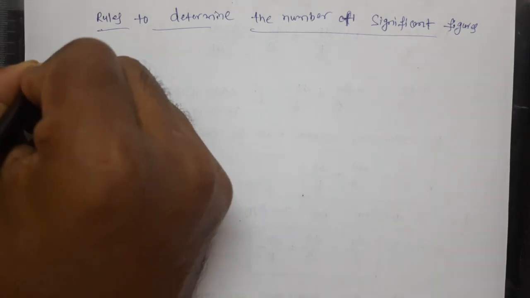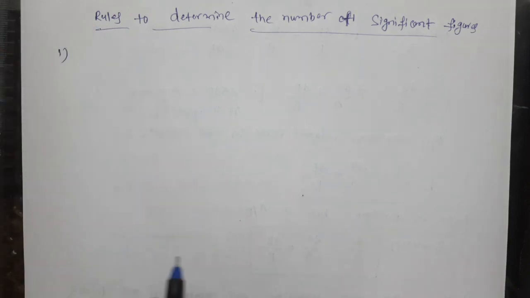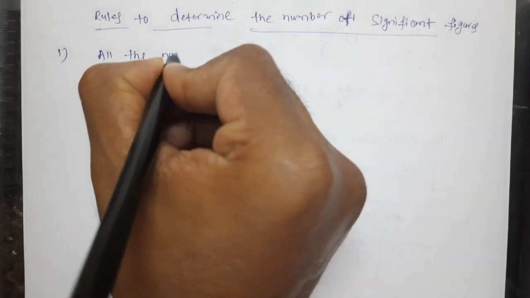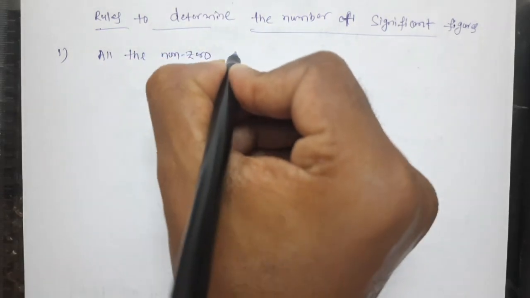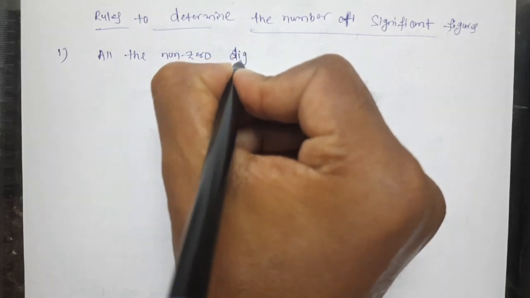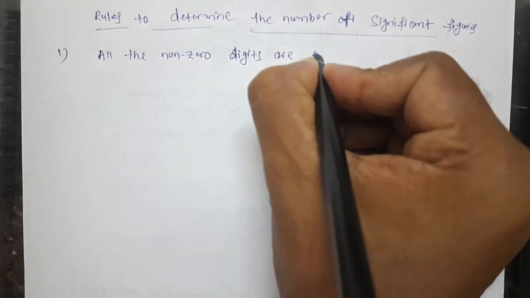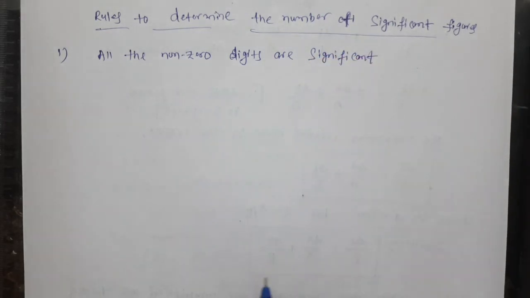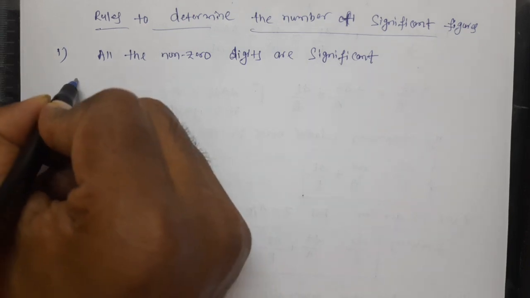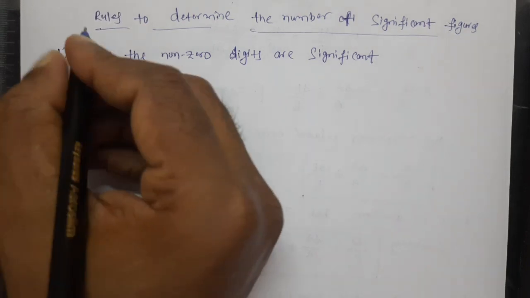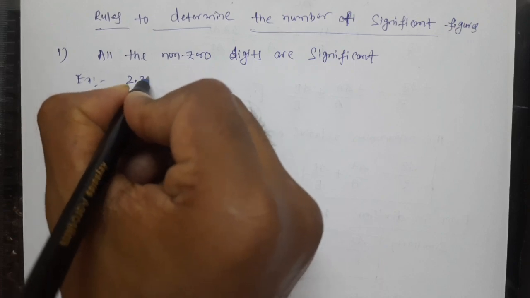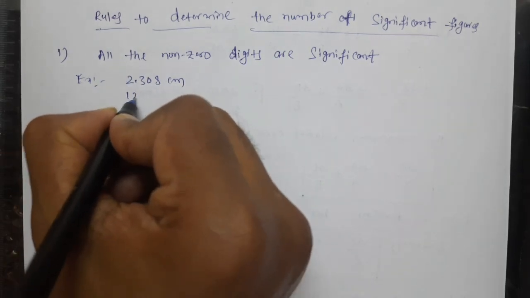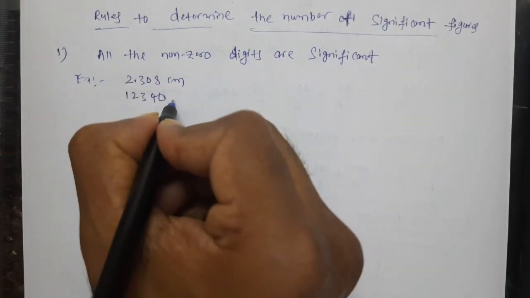The first rule is: all the non-zero digits are significant. Example, if we take 2.308 centimeters, 12340 meters.